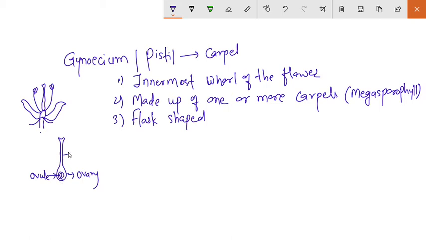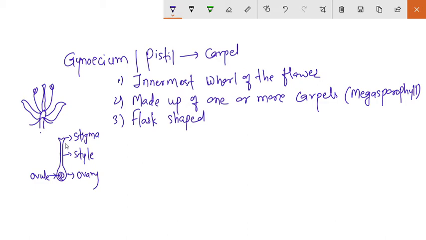This elongated tube-like structure is known as the style, and this knob-like uppermost structure is known as the stigma.